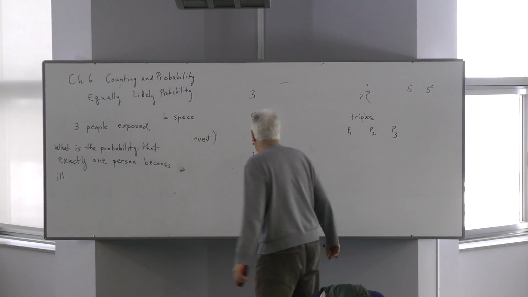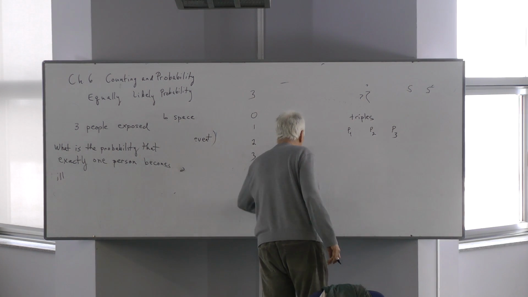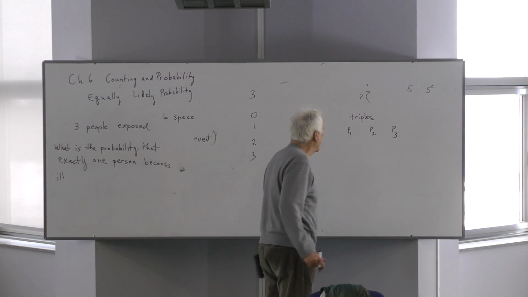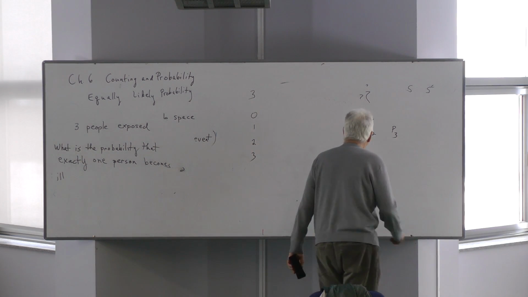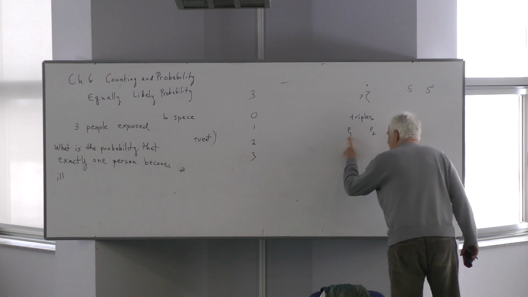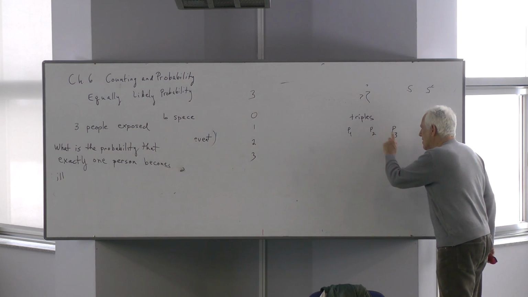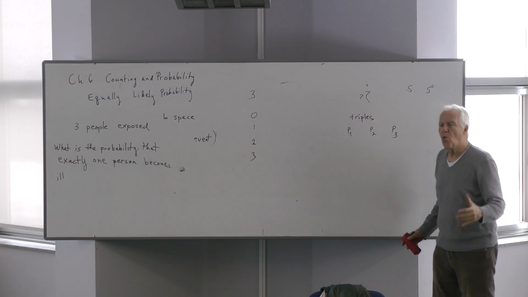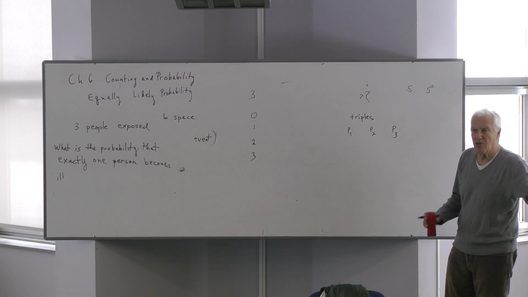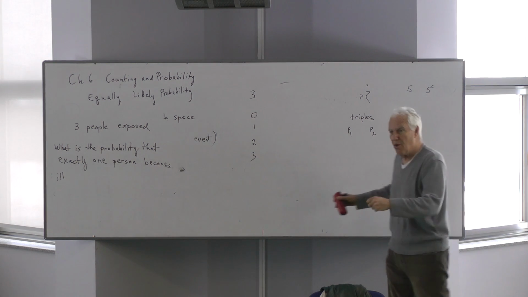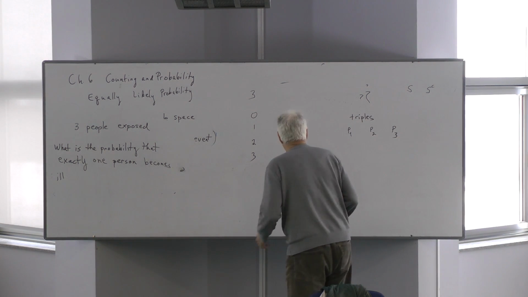All these are equally likely. So you have two possibilities for each, sick or not sick. What are the possible outcomes of this experiment? You take the three people, you expose them, what could happen?